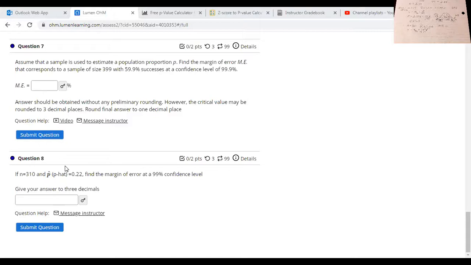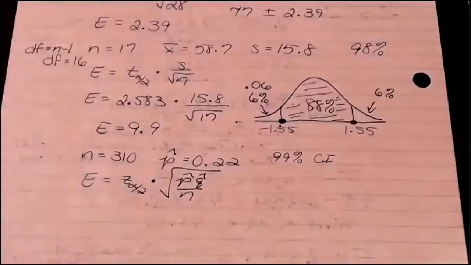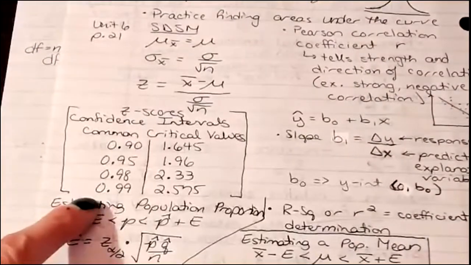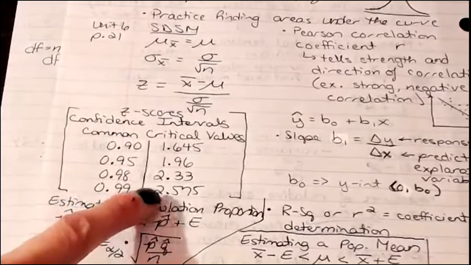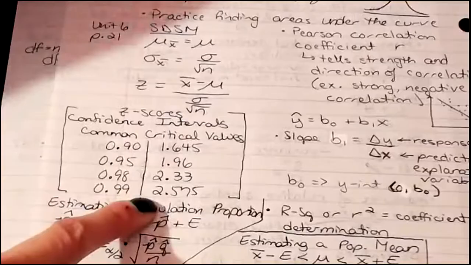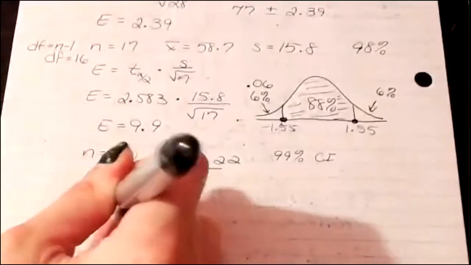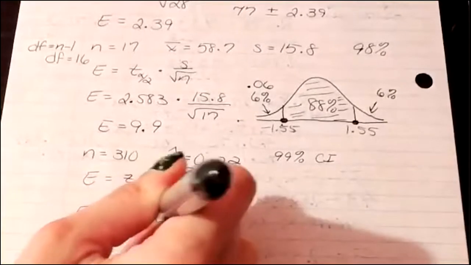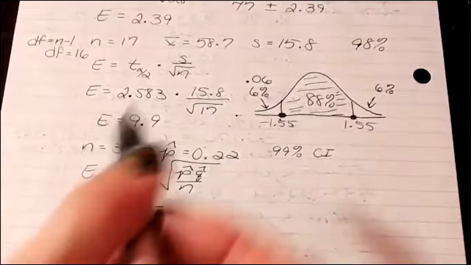Notice that our confidence level is 99%, so we're actually going to use our common critical values for the z-score. When we look at this table, which by the way is in Unit 8, 99% has a critical value of 2.575. So that's our z. We're going to replace that with 2.575. We know that p hat is 0.22.